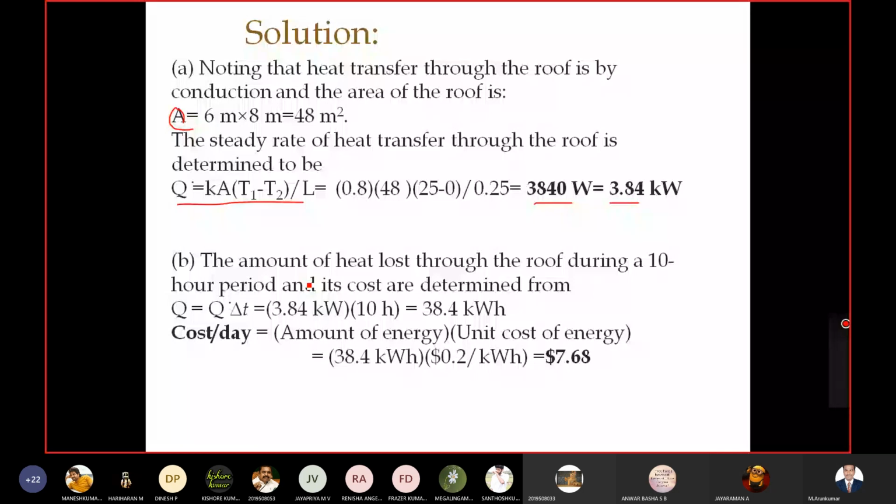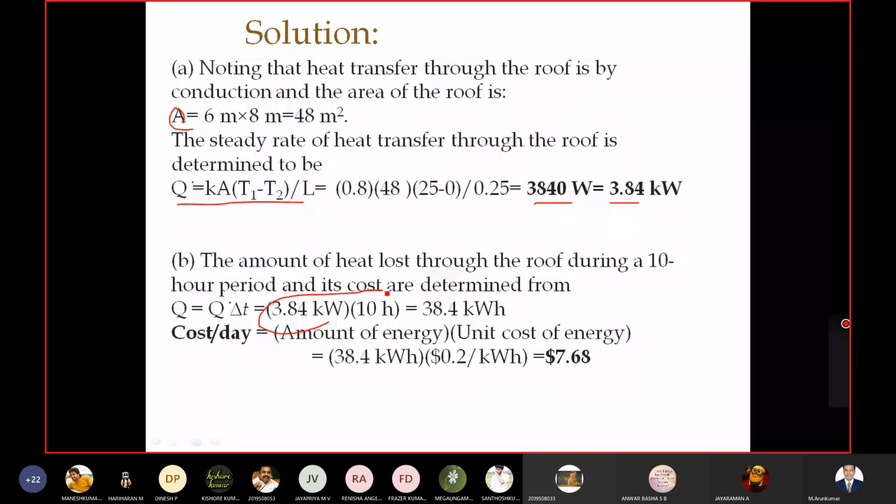We have to account for the 10 hours, and it is determined from the same equation, Q is equal to Q dot times delta T. So we multiply by the time, and then we have Q in kilowatt hours.